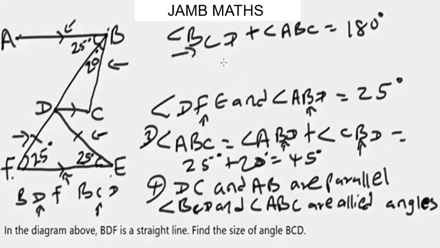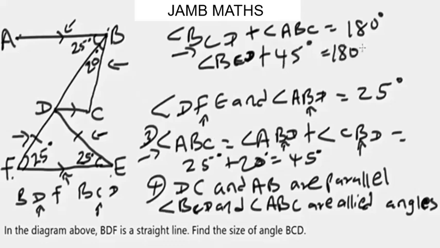Now to get our BCD, very simple. We can call it X, or we can still represent it like BCD. So it's going to give us angle BCD plus we got our ABC, which in the facts we established is 45 degrees, equals 180 degrees.